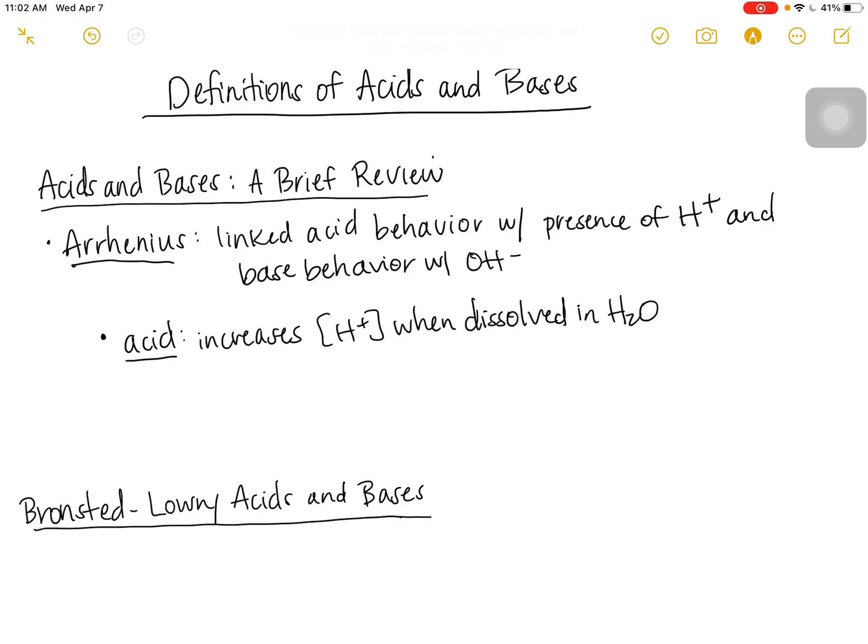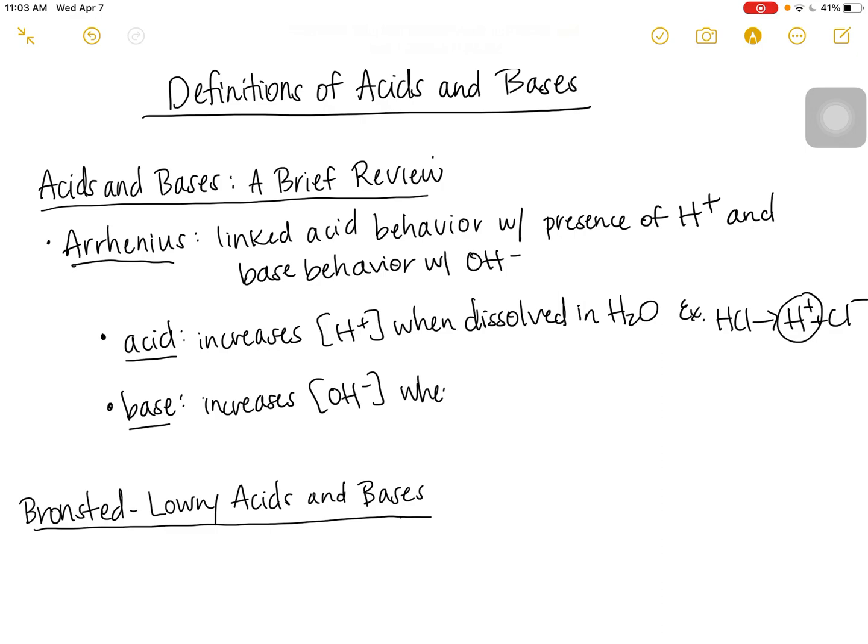So an example would be like HCl, because when HCl is dissolved in water, of course, ionization occurs and H plus is created. And then our Arrhenius base was one that increased the concentration of the hydroxide ion when dissolved in water.